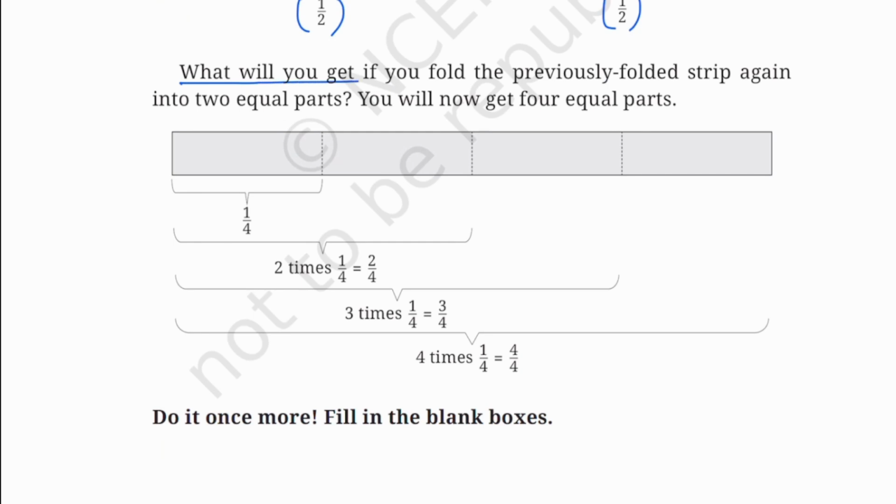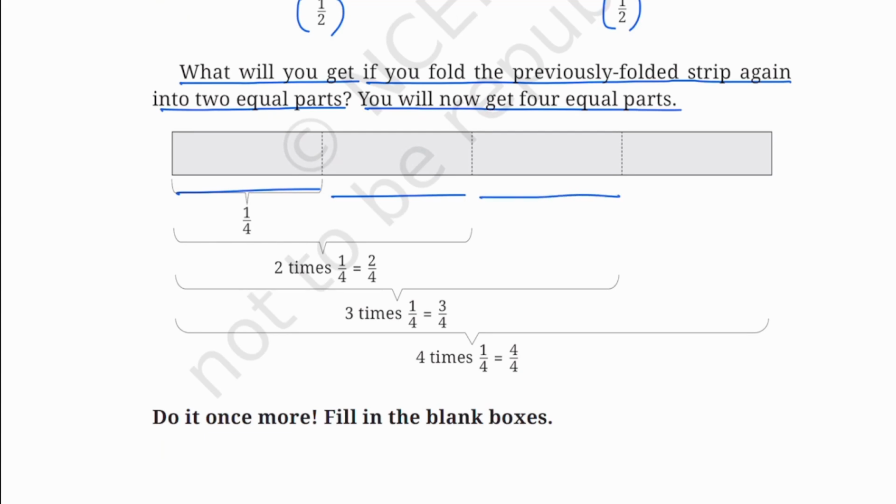What will you get if you fold the previously folded strip again into 2 equal parts? You will now get 4 equal parts. You can see half of half, that is 1 upon 4, 1 upon 4, 1 upon 4, 1 upon 4.